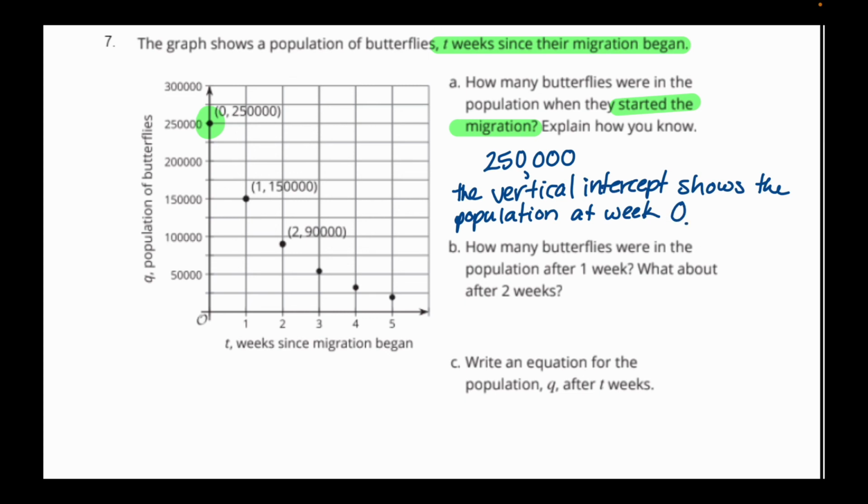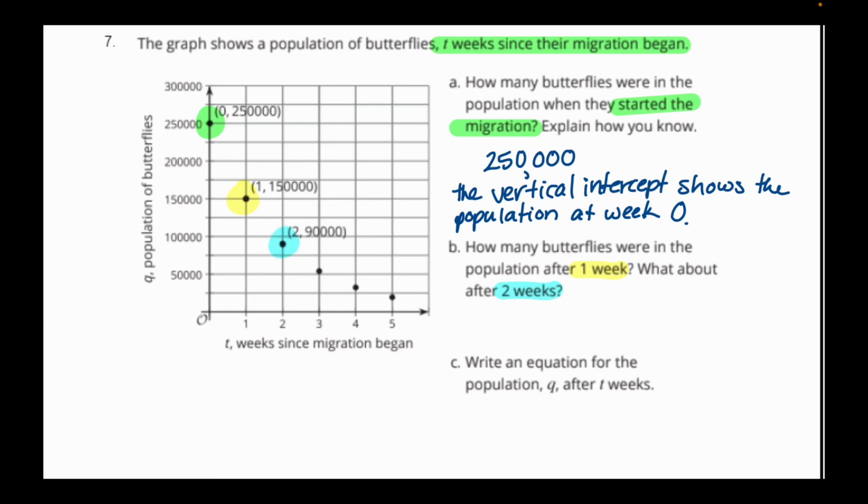Okay, part B says how many butterflies were in the population after 1 week? And then what about after 2 weeks? So again, we're just going to read this information from the table. 1 week is going to be when we have our input equal to 1, and 2 weeks is when we're going to have our input equal to 2.